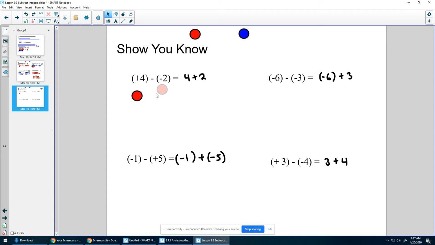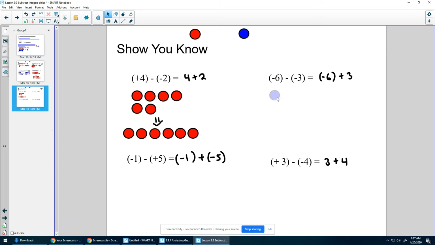Start with 4. And we're going to add 2. And we get 6.